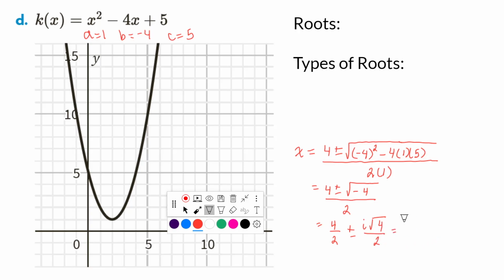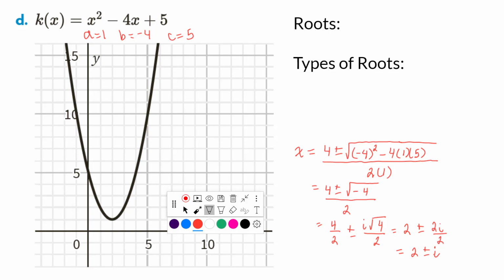Well, 4 over 2 simplifies to 2, plus or minus, the square root of 4 is 2, so we're going to have 2i over 2. But the 2i over 2 is going to simplify to just i, or 1i.